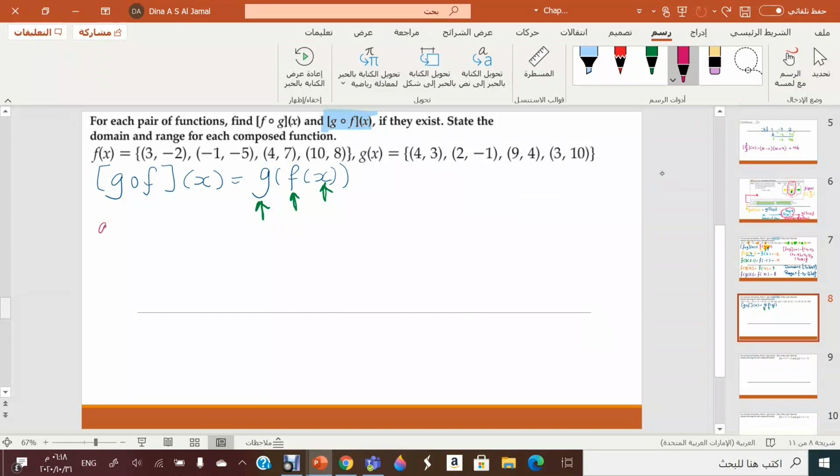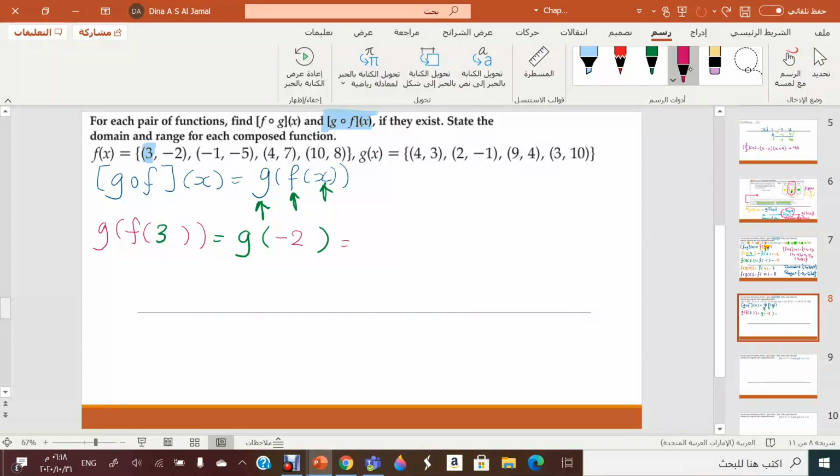So let's put now f. Now what is the first one from this side? It is 3. Now let's go and find what is f of 3. It is -2.